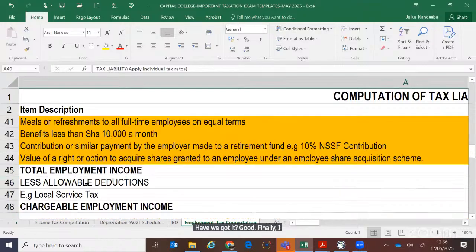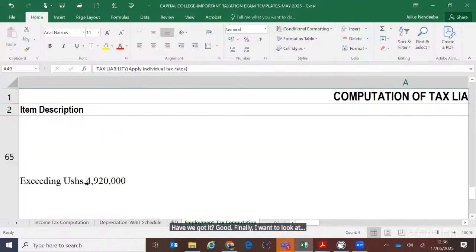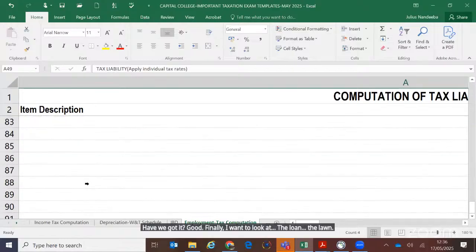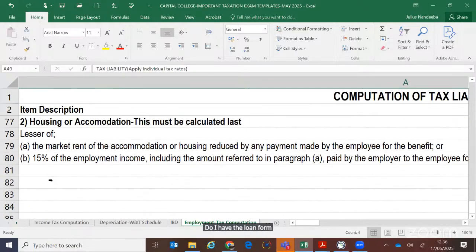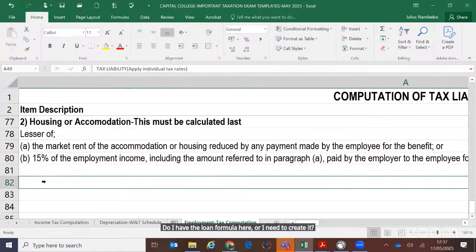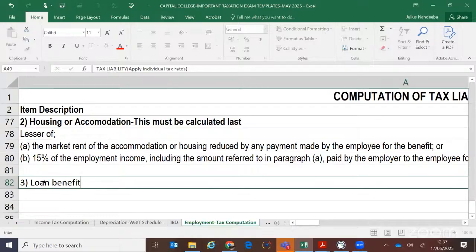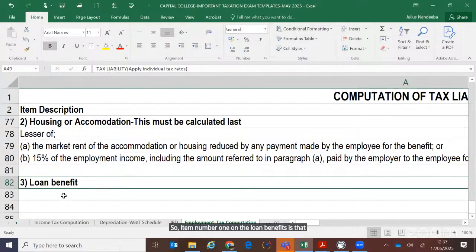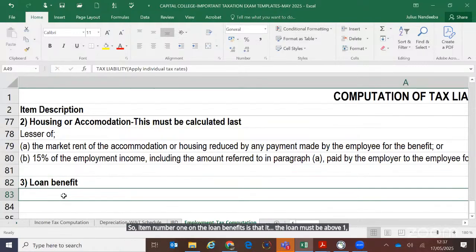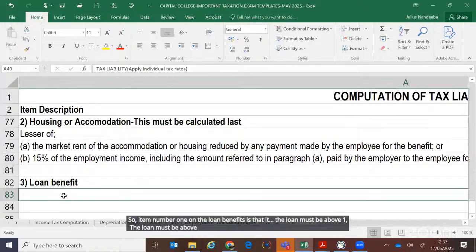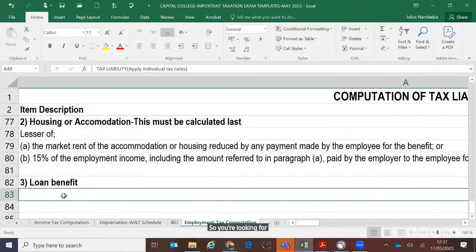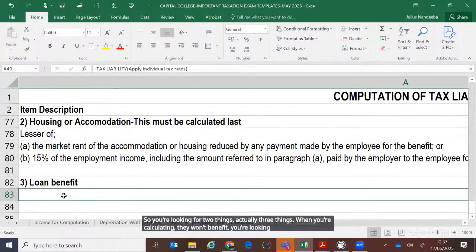Finally, I want to look at the loan. Do I have the loan formula here, or do I need to create it? So I can add another formula for the loan benefit. So item number one on the loan benefit is that the loan must be above 1. When you're calculating the loan benefit, you're looking for 3 things.